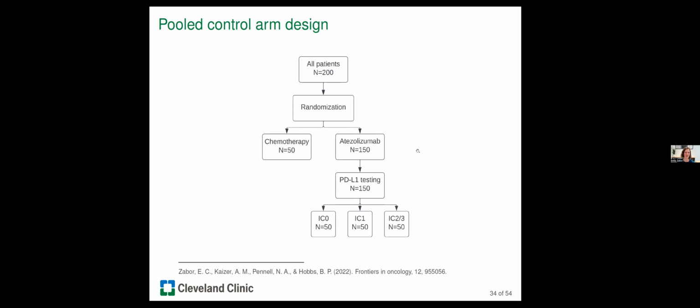I'm basing that on the fact that I have these 3 biomarker subgroups. Then in the treatment group only, the biomarker testing is conducted and patients are stratified into their 3 biomarker subgroups. And then at the end of the trial, we would compare each of these subgroups back to the pooled control arm.